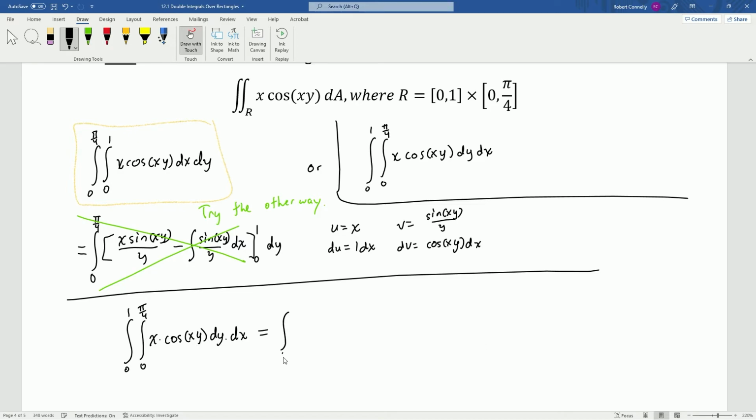So now in this case, let's see what we get. Well, x is a constant here, so we're just integrating cosine. So that's sine of xy, and I would have needed to do u substitution, but I just had to divide by y here. And then I need to evaluate this from 0 to pi over 4, dx.